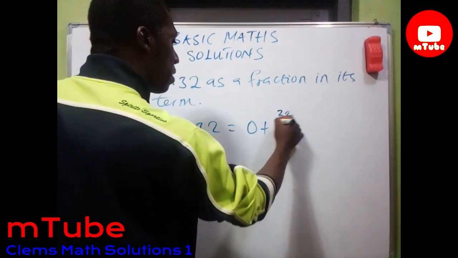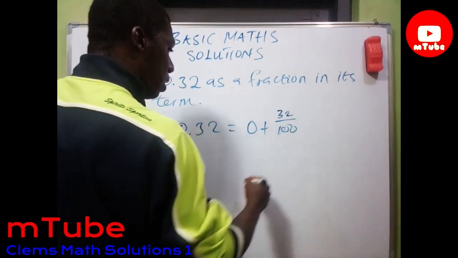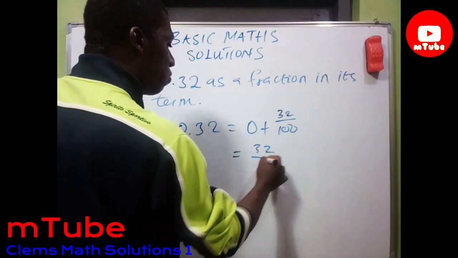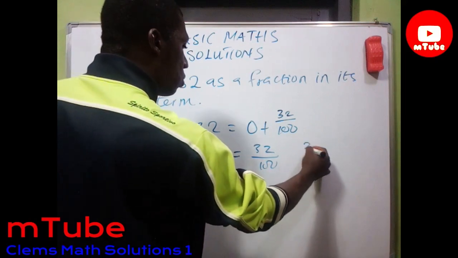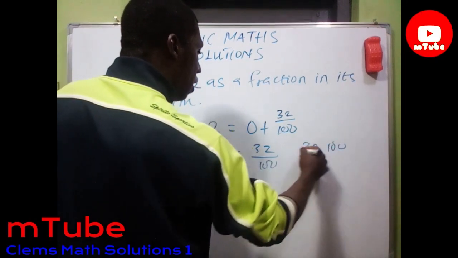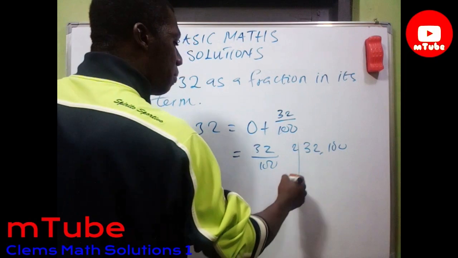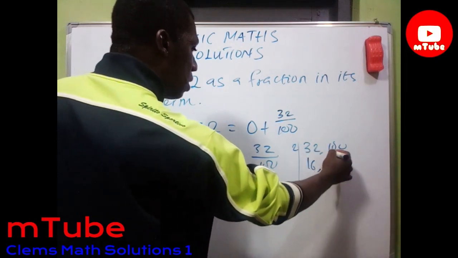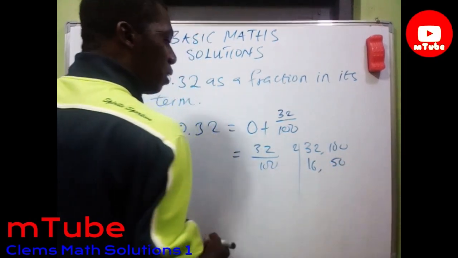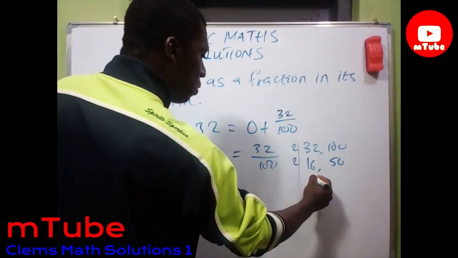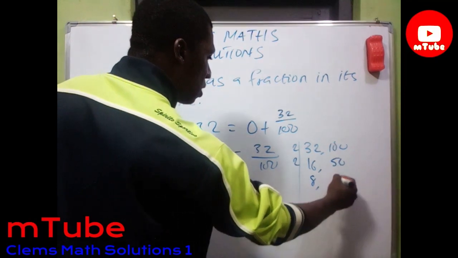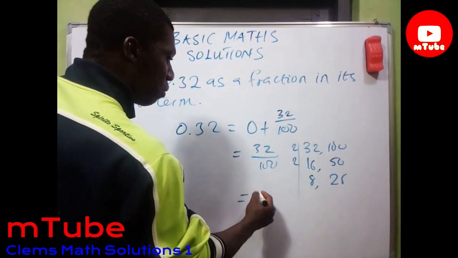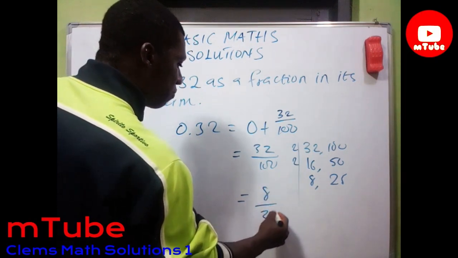So that should be written as 32 over 100. Then 0 plus 32 over 100 is 32 over 100. Then you go through the process of reducing it to the lowest term. 2 in 32 is 16, and 2 in 100 is 50. 2 in 16 is 8, and 2 in 50 is 25, and that gives you 8 over 25.